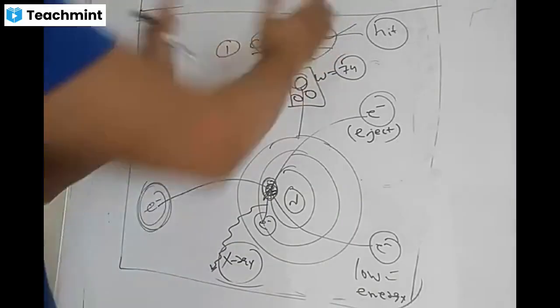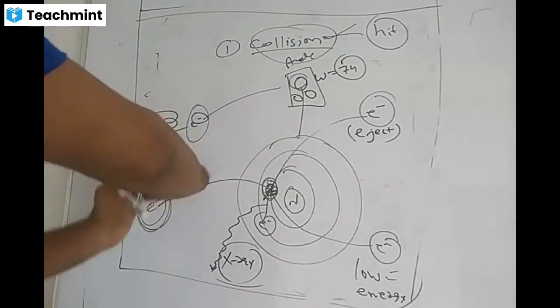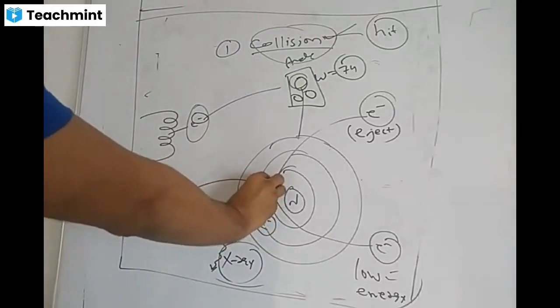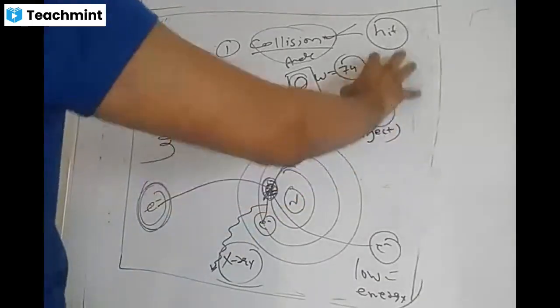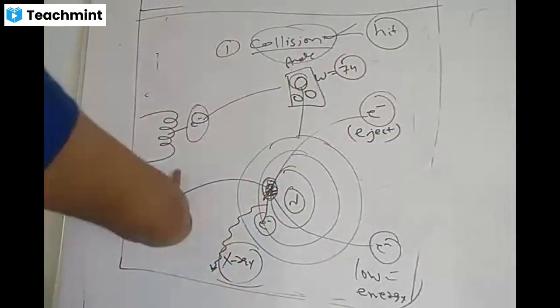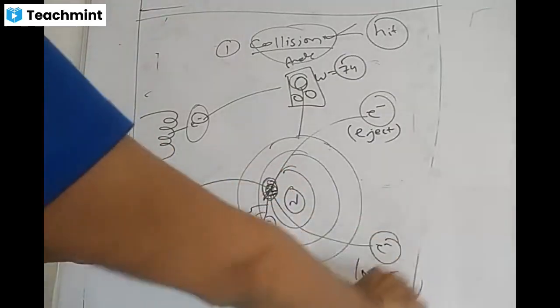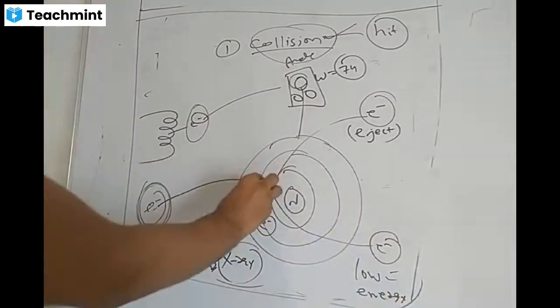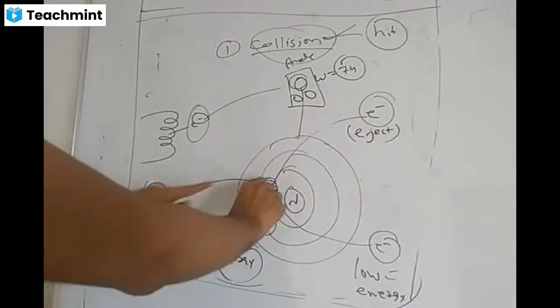So this is collisional interaction. An electron from the filament comes and collides with some inner shell electron that may be kicked out, and it comes out as an ejected electron. The electron which hits it comes out with low energy because most of its energy is deposited here to eject that electron. So now there is a space.